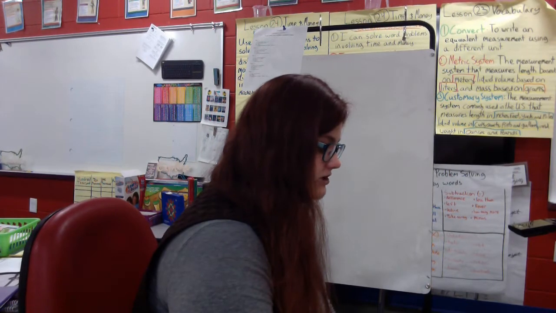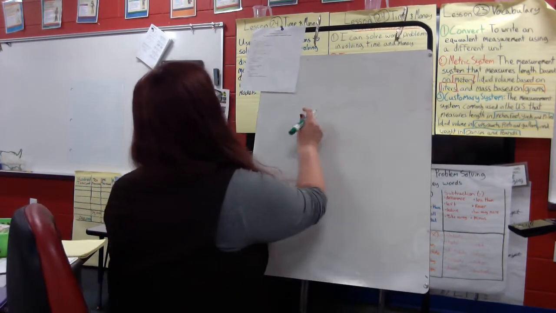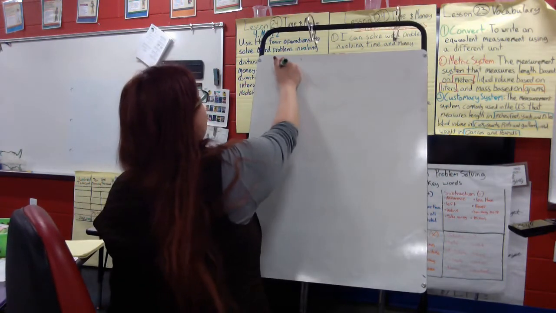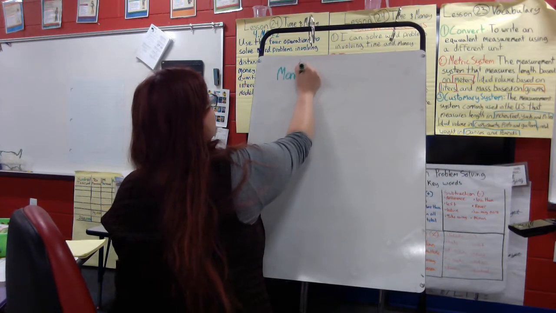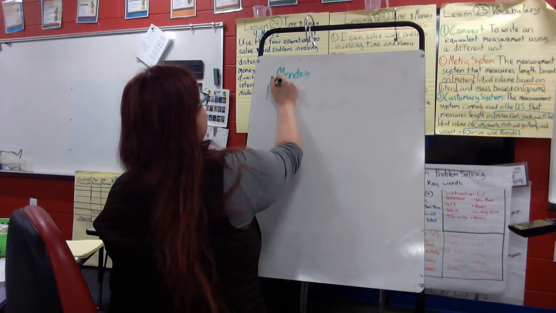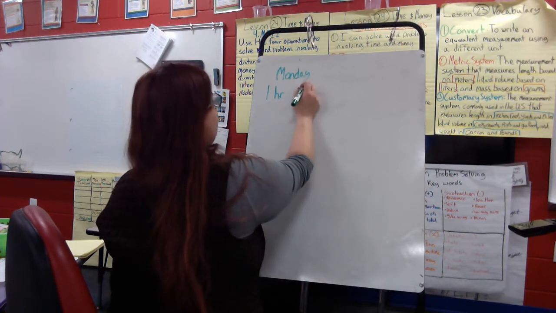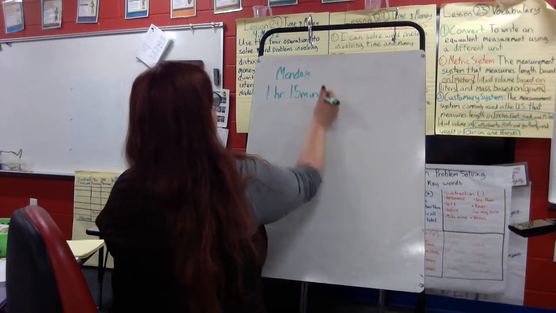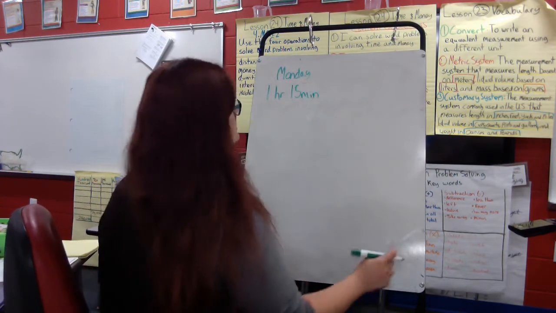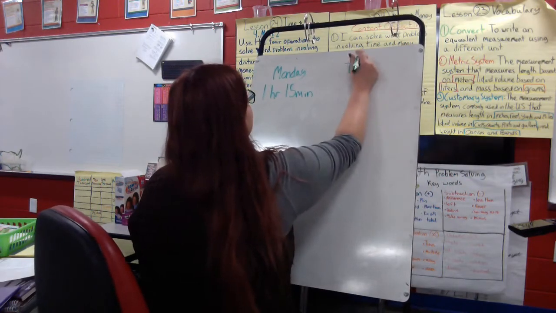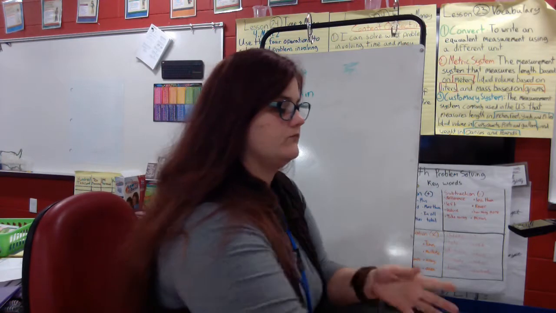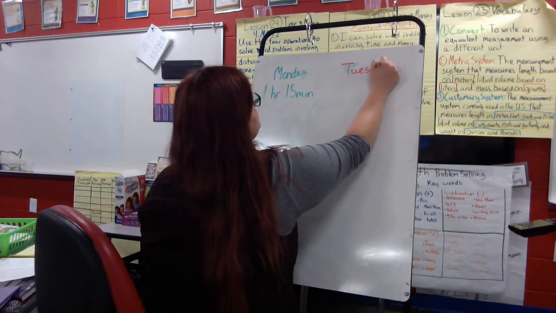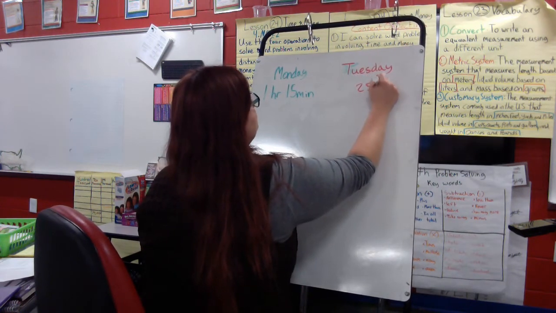It says, last week, Sheen did chores for 1 hour and 15 minutes on Monday. So I'm gonna move my agenda over. So on Monday she did an hour, and that's HR per hour, an hour and 15 minutes is how long she did her chores. Then on Tuesday, we'll do that in a different color. On Tuesday, she did chores for 25 minutes.